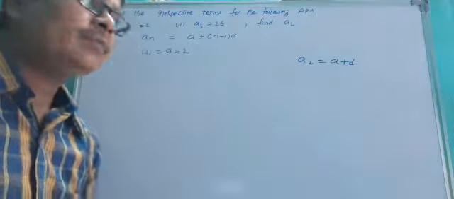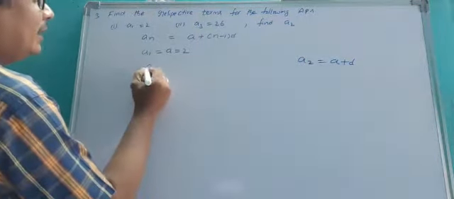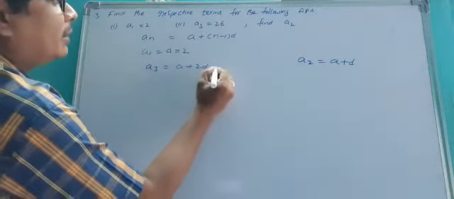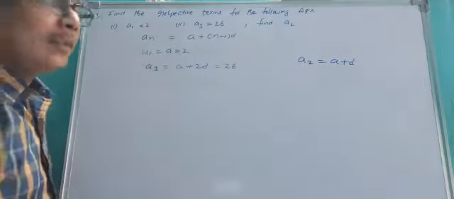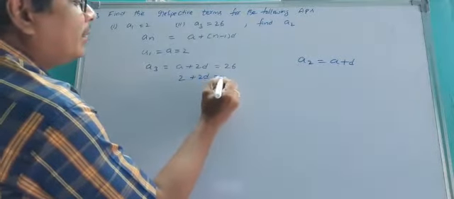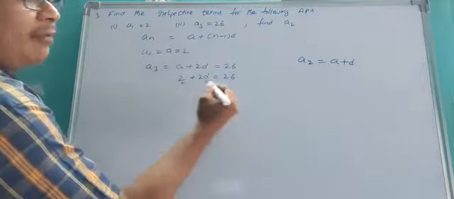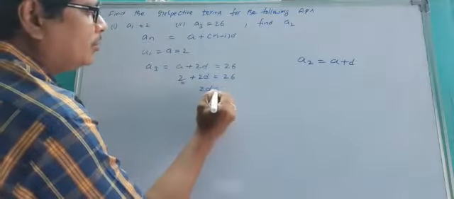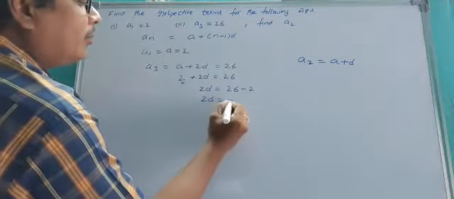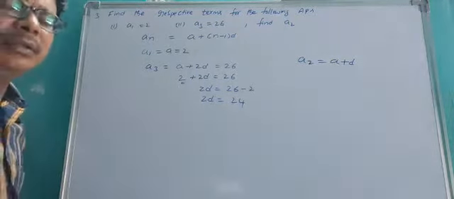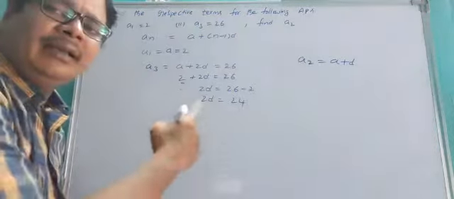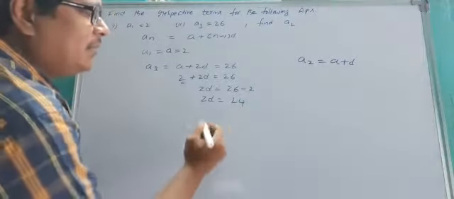How to find d? One clue is there, that is a3. The third term means a plus 2d, and that value is given as 26. So 2 plus 2d equals 26. Transposing the 2, 2d equals 26 minus 2, so 2d equals 24. Since 2d means 2 into d, a product, after transposition it becomes division.